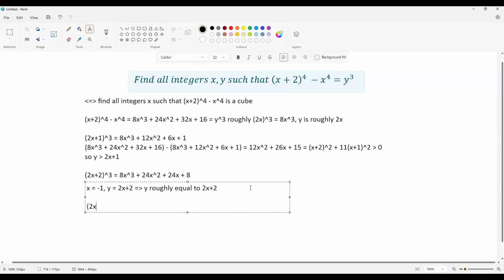So what about (2x plus 3) cubed? That's equal to 8x cubed plus 36x squared plus 54x plus 27. And I feel like this is always bigger than y cubed. So let's subtract it.